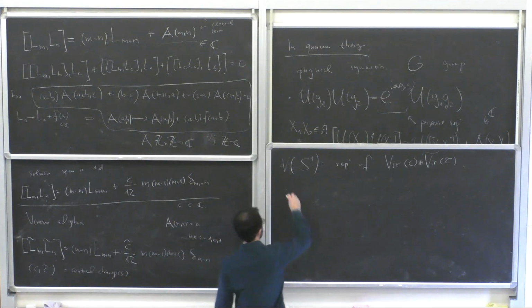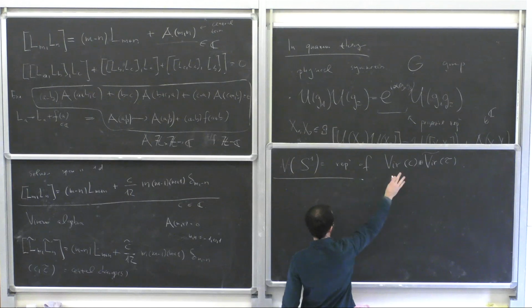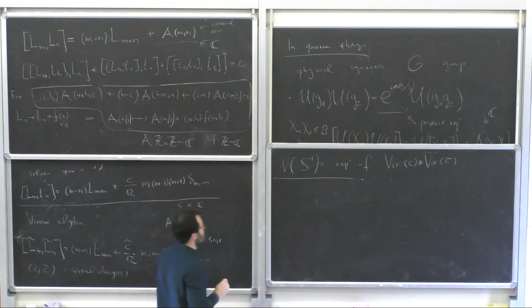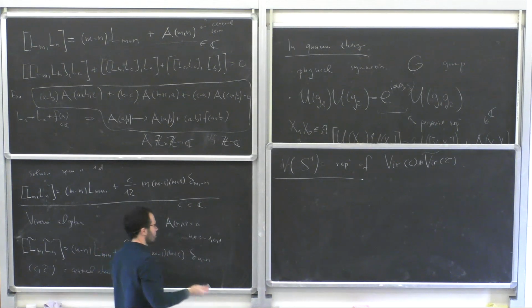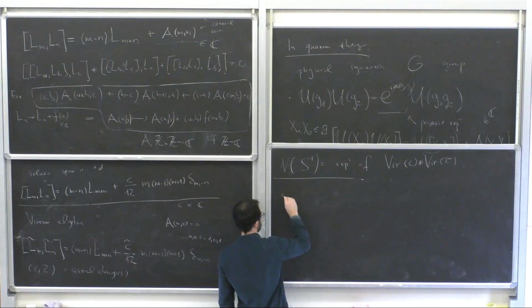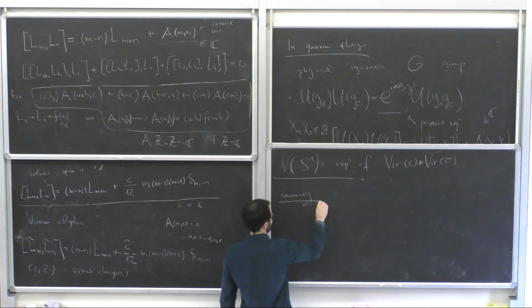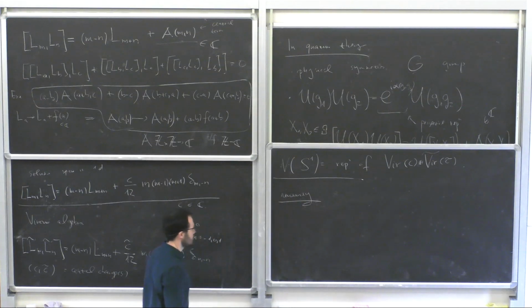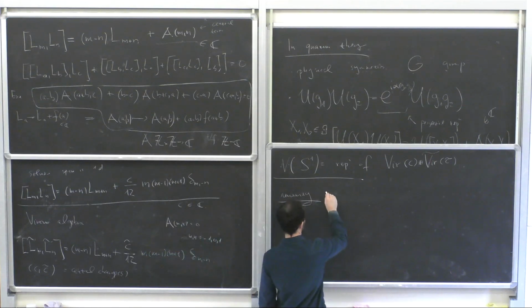Okay, so now we have V of S1 as a representation, and we need to talk about unitarity. Remember that unitarity manifests in the following way.